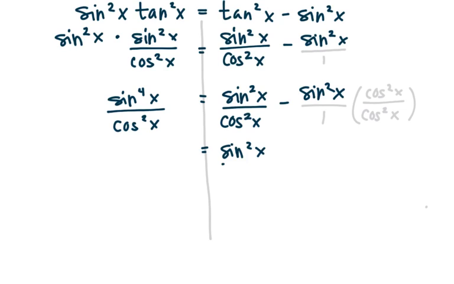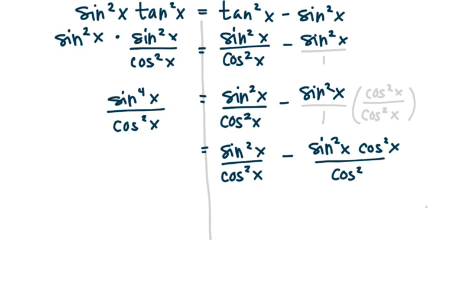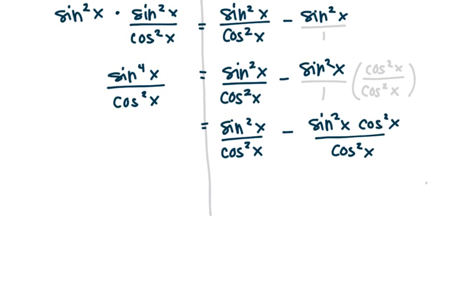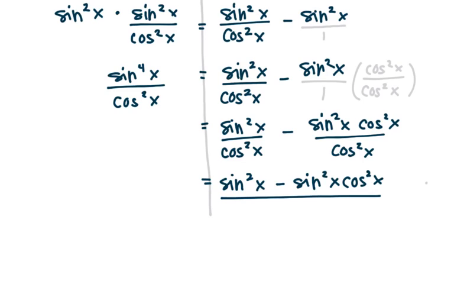All right, so that leaves me with sine squared x over cosine squared x minus sine squared x cosine squared x over cosine squared x. At this point, I'm going to add those two fractions together, combine them into one term, which gives me sine squared x minus sine squared x times cosine squared x, all over cosine squared x.